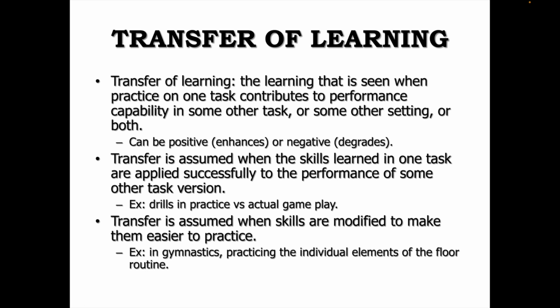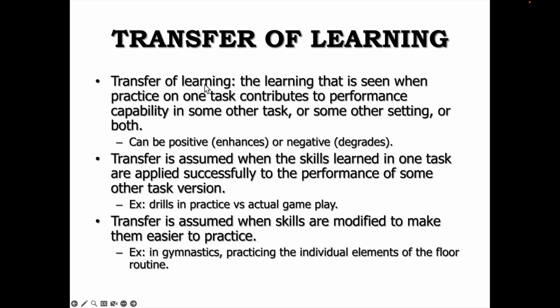When we learn something, we oftentimes look at what's called the transfer of learning. The transfer of learning is that practicing one particular task or skill leads to better performance in some other task or skill, or maybe it's the same task in some other different setting, or it could be both.